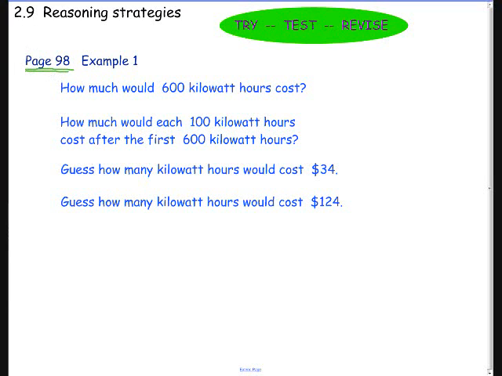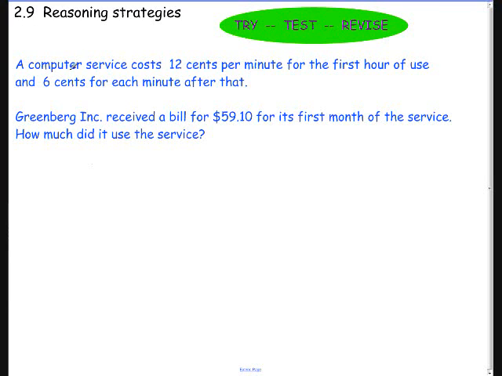That's on page 98. A computer service costs 12 cents per minute for the first hour of use and 6 cents for each minute after that. This company received a bill from the computer service company for $59.10 for its first month of service. How much did it use the service? So we could try something we think makes sense.